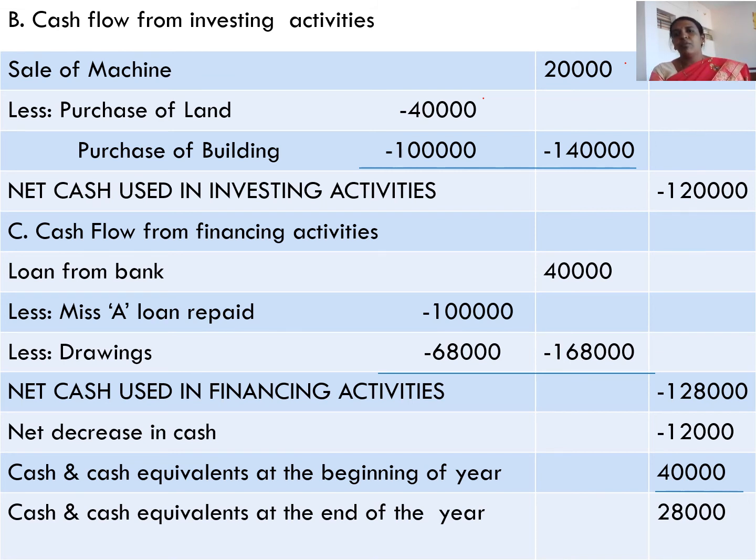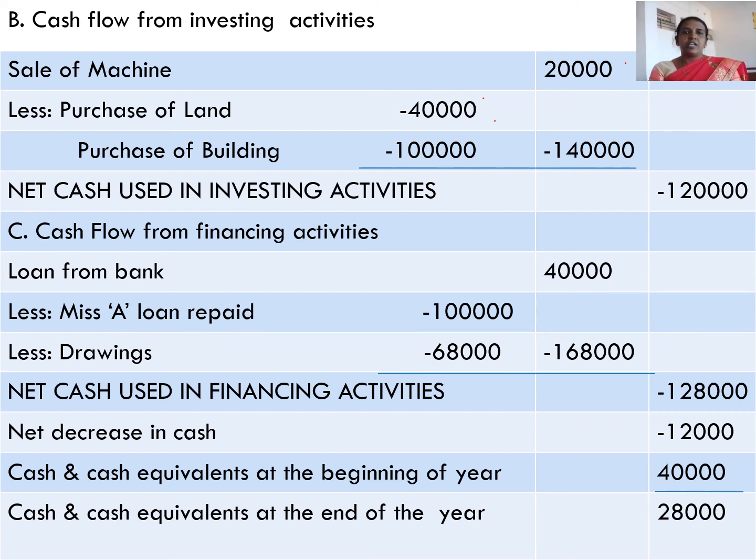The total of both items is 1,40,000, and the total net cash used in investing activities is rupees 1,20,000 with a negative symbol, meaning there is an outflow of cash to the extent of rupees 1,20,000 from investing activity.